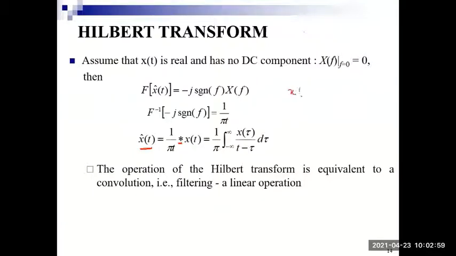Given a signal x of t, its Hilbert transform will be represented as x cap of t, and x cap of t is computed by taking the actual signal and convolving it with 1 by pi t, which represents providing a phase shift of minus pi by 2.